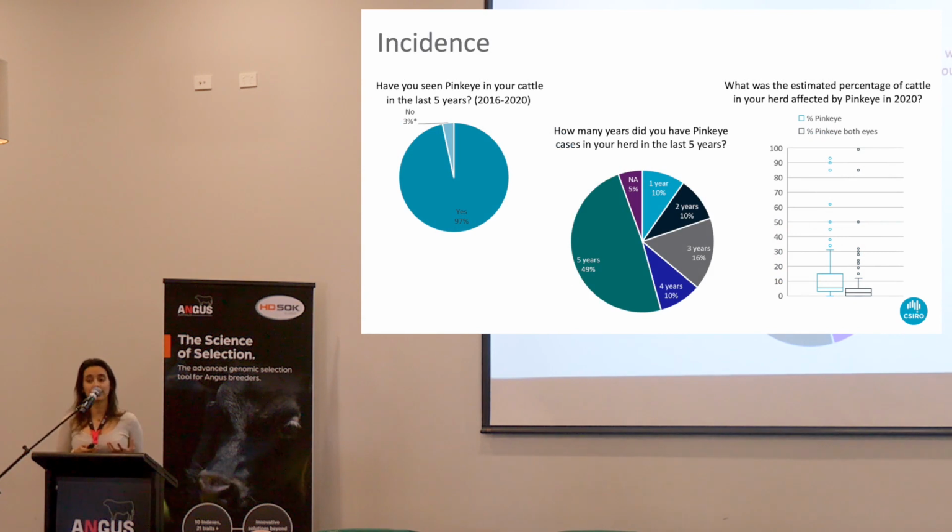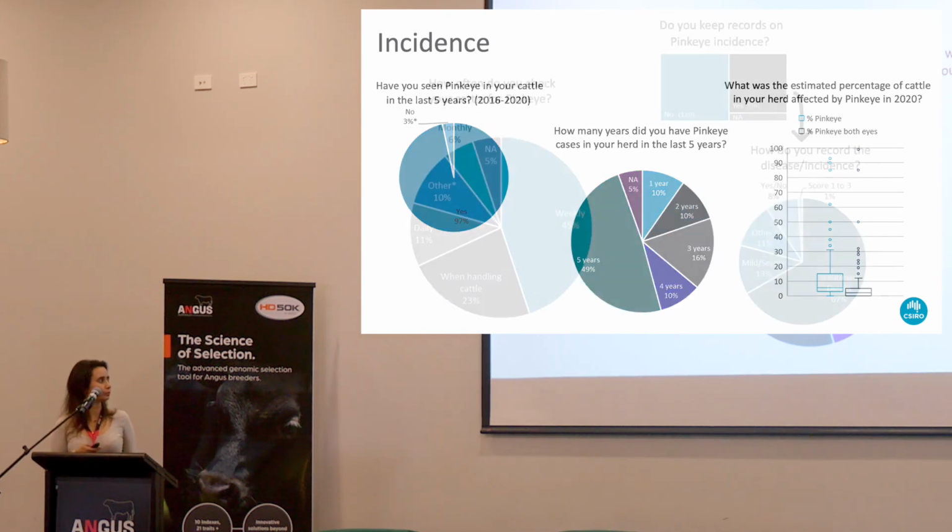And when we asked, how many years in the past 5 years, almost half of the participants said every year in the last 5 years. So quite relevant. When we asked what is the estimated percentage of your herd that is affected by PINKEYE, you can see we got a lot of different answers, but on average it was around 5%. And when we asked the percentage of animals affected in both eyes, the percentage dropped to around 2.